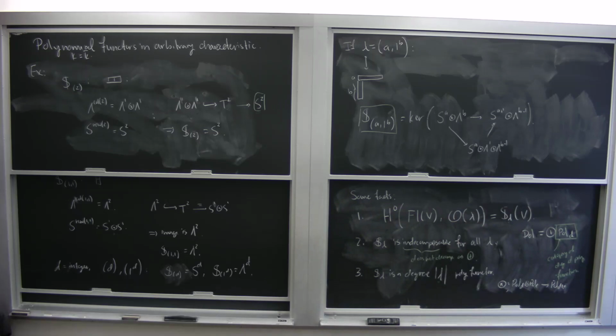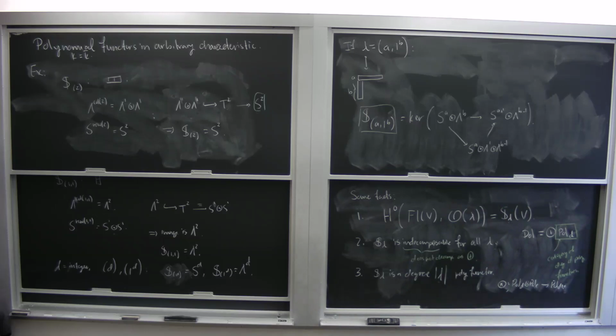Okay. So let's look at the characteristic 0 story. In characteristic 0, things are much nicer. The notion of indecomposability in characteristic 0 is just the same thing as saying it's irreducible. In other words, there are no non-trivial proper submodules. So S lambda are irreducible functors.